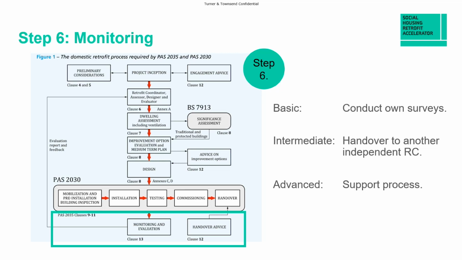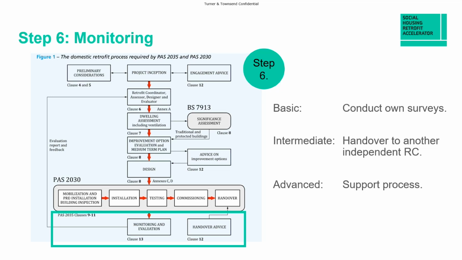But what you really want to understand is, are they able to operate the systems? Do they function? Do they have a concern? Are there things that are happening in the house that they think are a bit unusual? Suddenly got this mold patch appeared upstairs in the bedroom and I don't know why it's there. That would trigger a site visit to go and understand why that's happening.